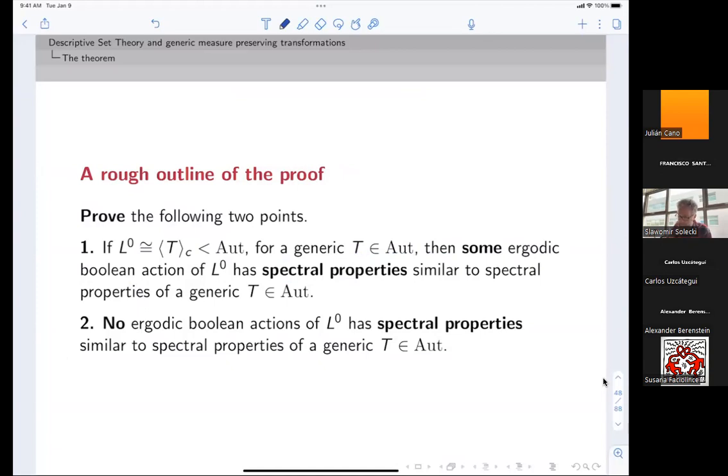And so if you look at ergodic theory, you see that these properties that made T similar to L0 were certain structural properties, dynamical properties, but spectral properties were missing. It's not that they contradicted anything, but they were conspicuously missing there.